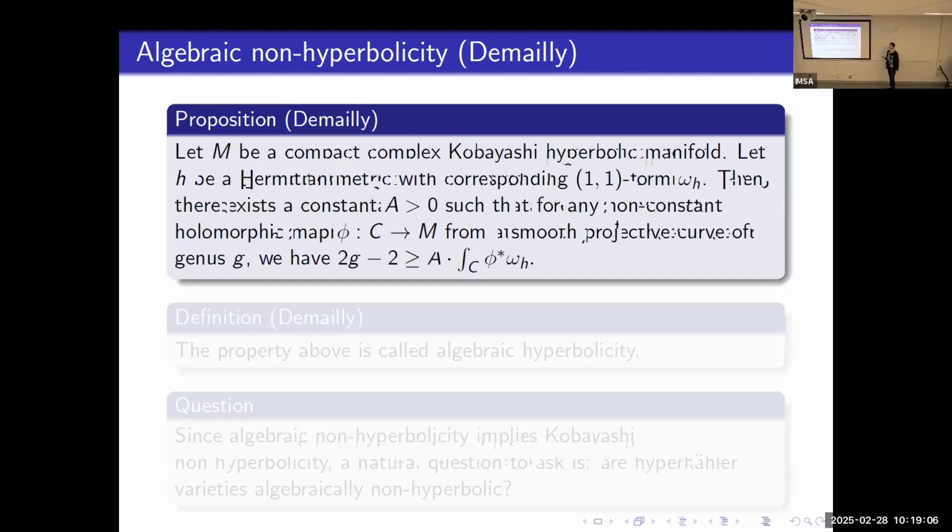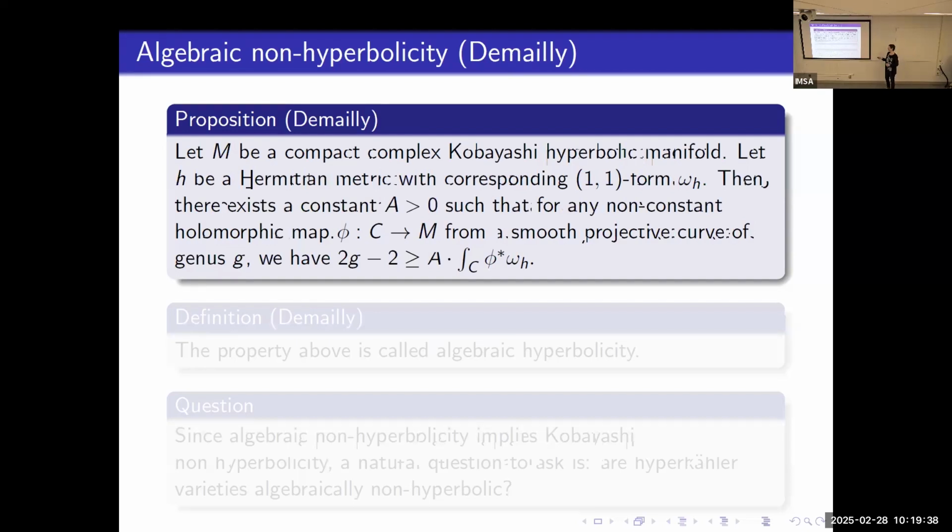Okay, and before I go with the proofs, let me also define a different notion of hyperbolicity, which was done by Demailly. Let's have, for example, a compact, complex, projective Kobayashi hyperbolic manifold. And so the property that's described here is called algebraic hyperbolicity.